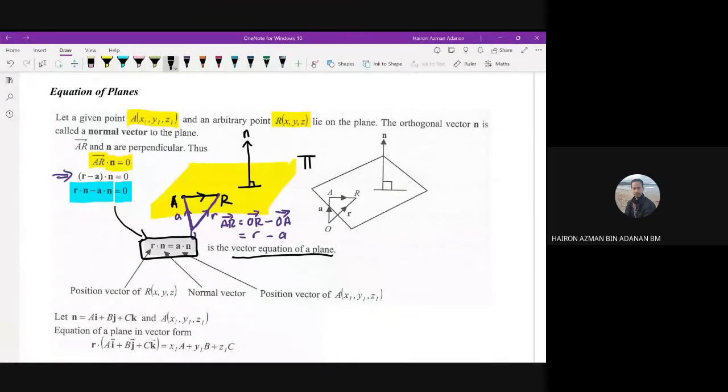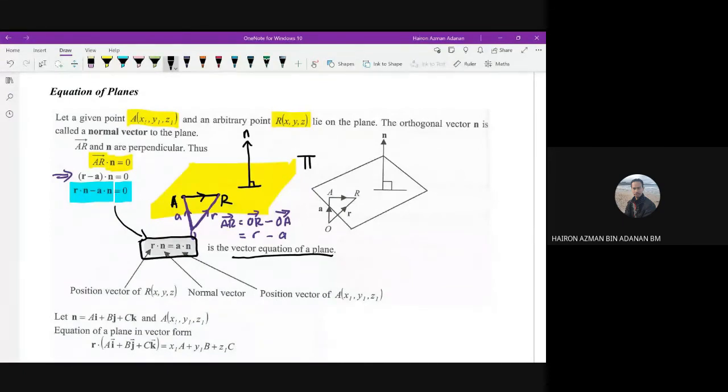If the question requests to find the equation of plane, what you should know? First, the formula R dot N equal to A dot N. What is A? A is any point on your plane. What is N? N is the normal vector to the plane.